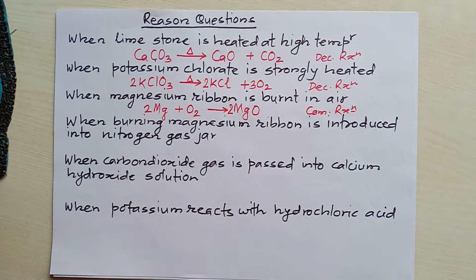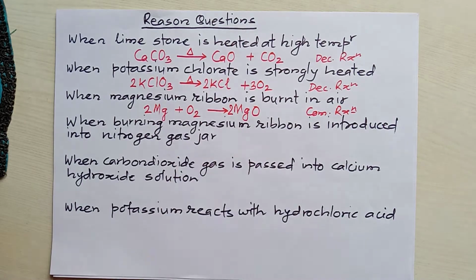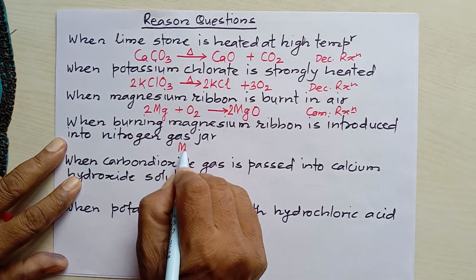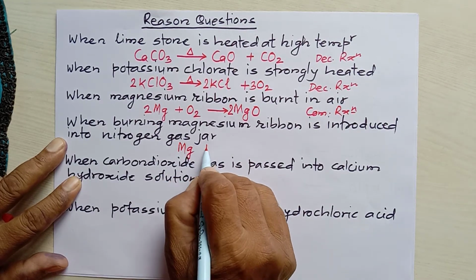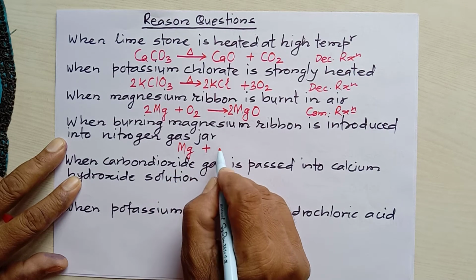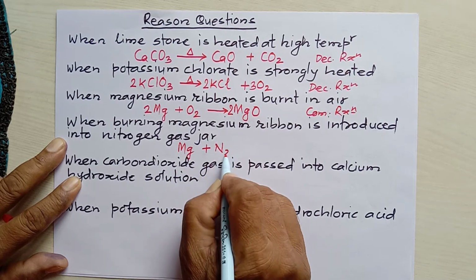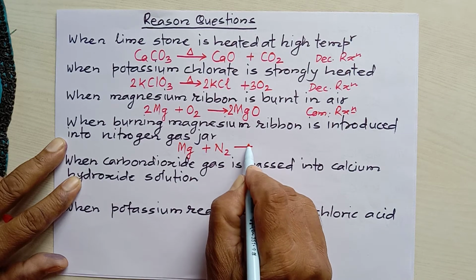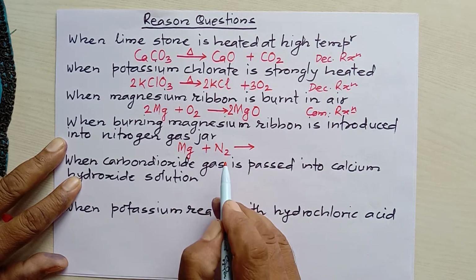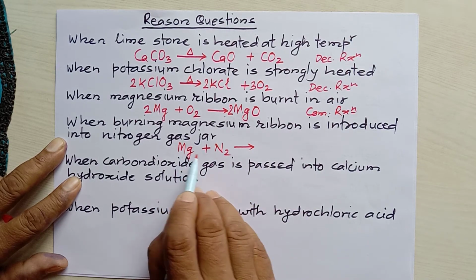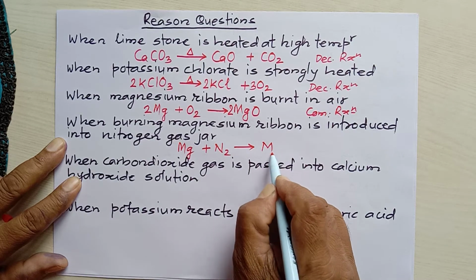When burning magnesium ribbon is introduced into a nitrogen gas jar, it means one is magnesium and it is burning and it is introduced into a nitrogen gas jar. Then what happens? Magnesium comes in contact with nitrogen, magnesium combines with nitrogen.